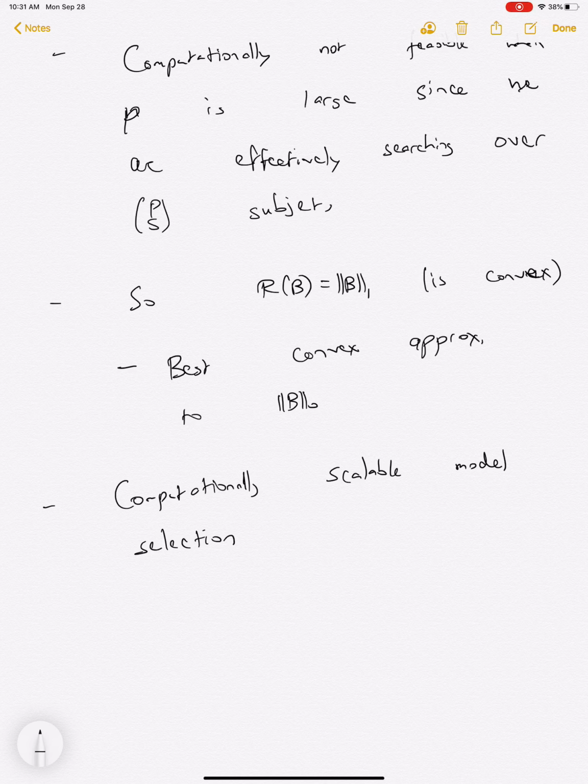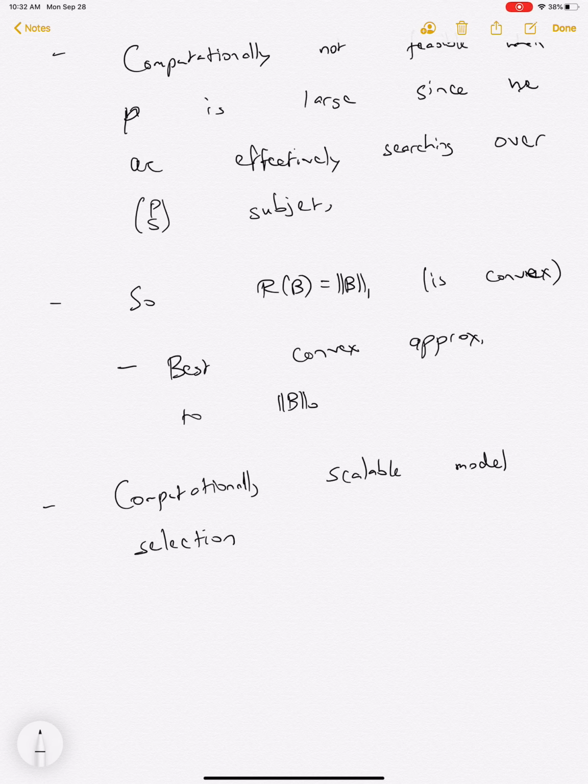This idea of L1 regularization, or the lasso, is really what made the notion of high dimensional statistics very popular, because it provided a way to scale up model selection, where you're trying to search over P choose S models.